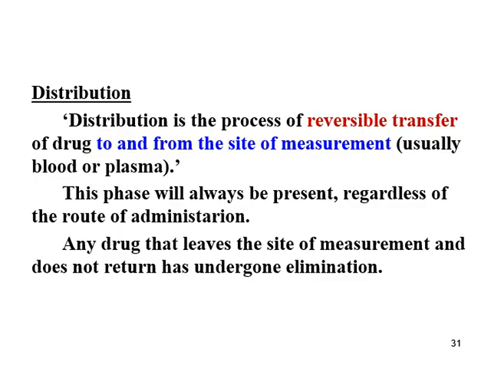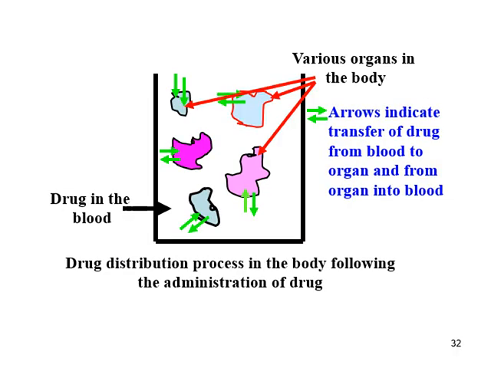And see, this is a chart to show you the drug distribution. Although it is in a beaker, we just think of it as a human body, okay? And the colorful blocks are the various organs in the body. Arrows indicate the transfer of drug from blood to organ and from organ into blood.